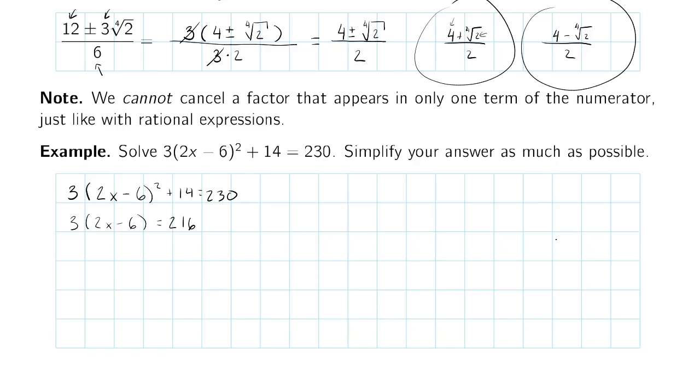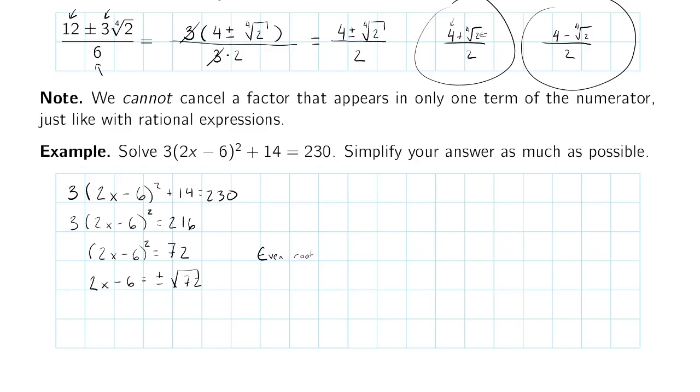And then we'll divide both sides by 3. Now, we notice that our exponent is even, so we need to use the even root property. And we'll get 2x minus 6 is plus or minus the square root of 72.